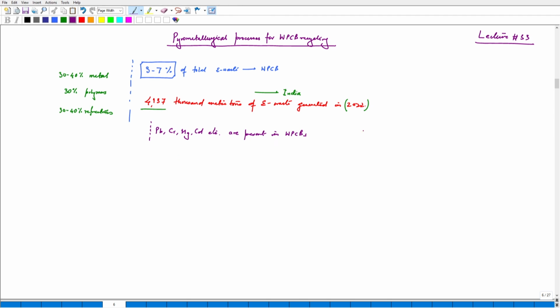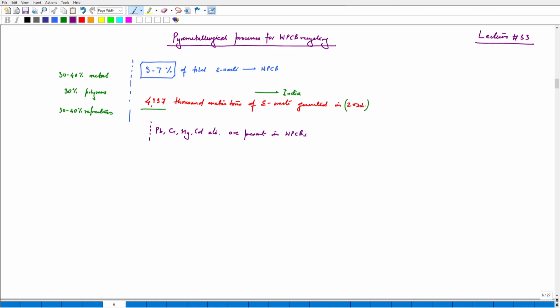Directly charging it in a furnace may not be a very attractive option because of the generation of gases. Just in the previous classes we had discussed that the epoxy resins are present, flame retardants are present.